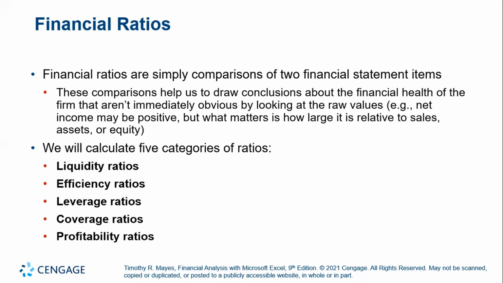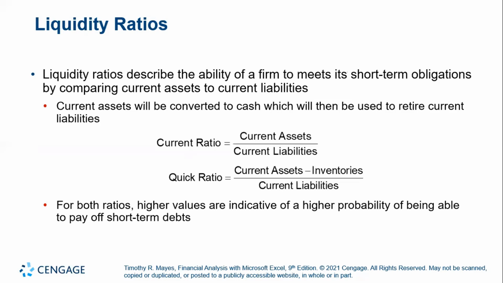We will calculate five categories of ratios: liquidity ratios, efficiency ratios, leverage ratios, coverage ratios, and profitability ratios.